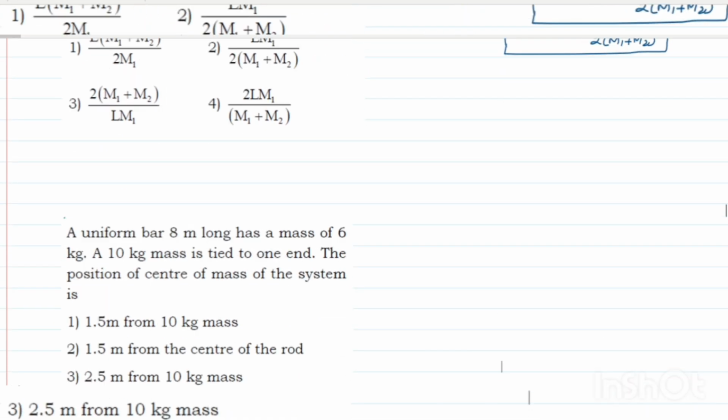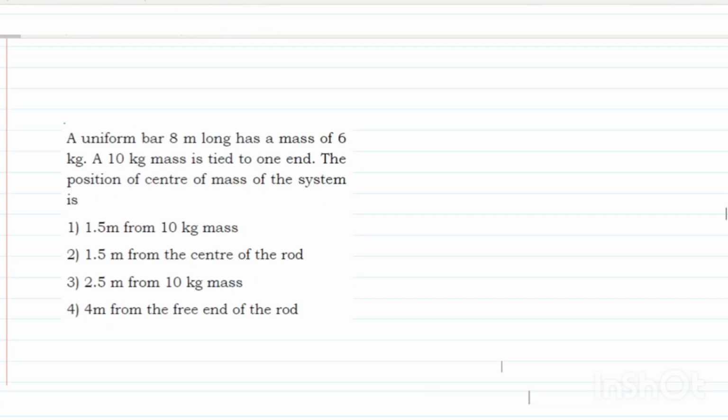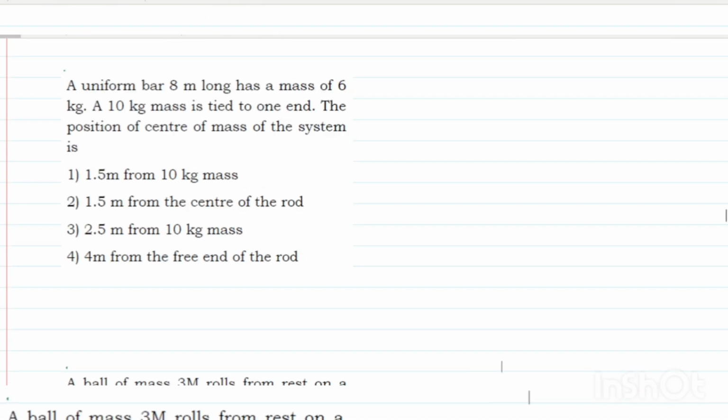A uniform bar, 8 meters long, has a mass of 6 kg. A 10 kg mass is tied to one end. The position of the center of mass of the system is asked.